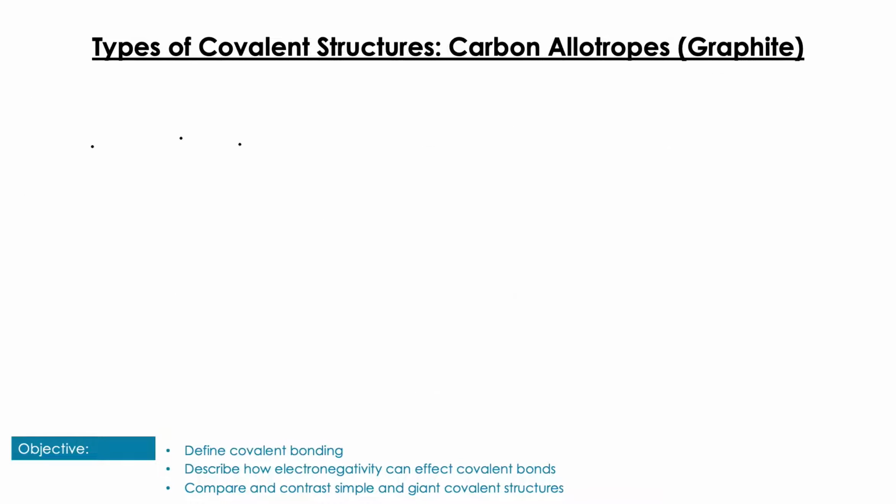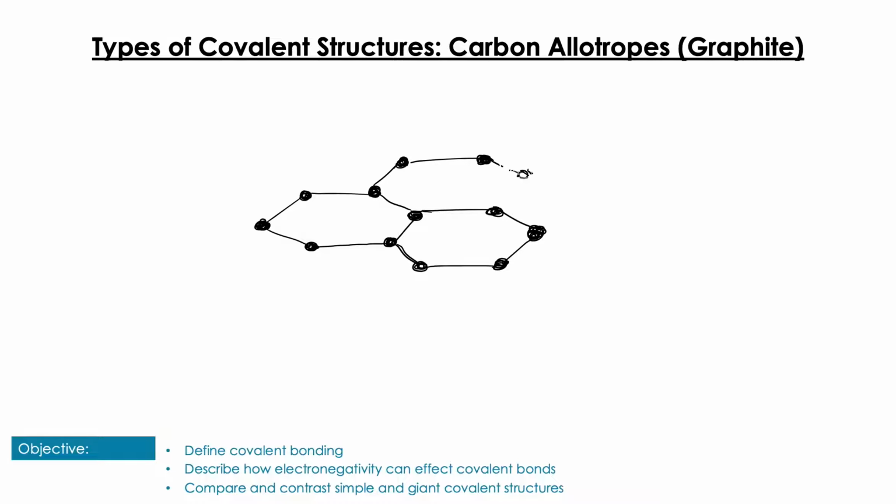Now, graphite is another carbon allotrope, so still made completely of carbon. However, the structure is very different, and this structure leads to a couple of significantly different properties than we would expect compared to that of diamond. We basically form these 6 carbon rings, which are bonded in an extended lattice, as I've shown here.